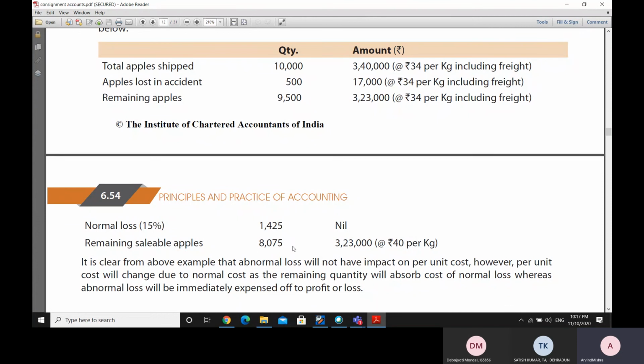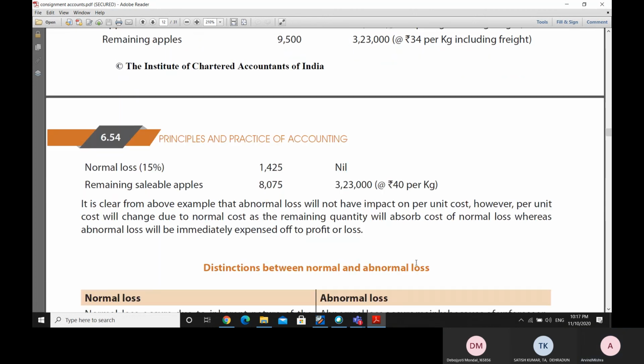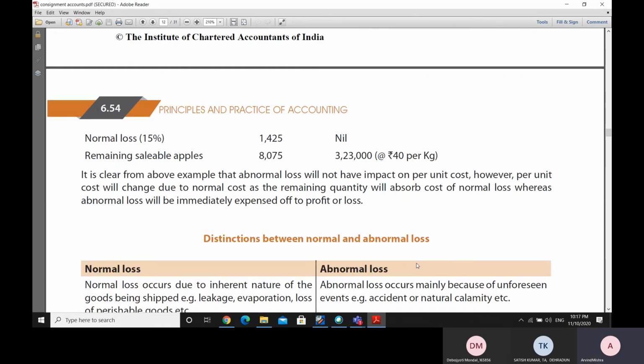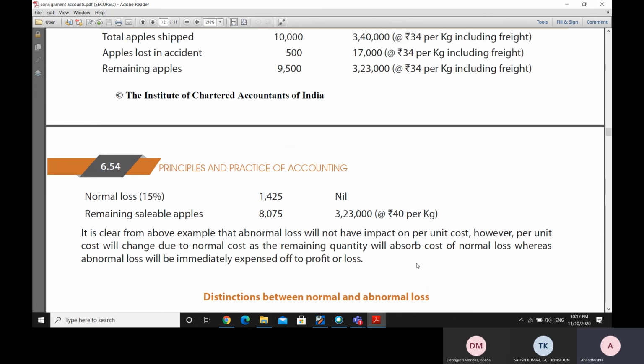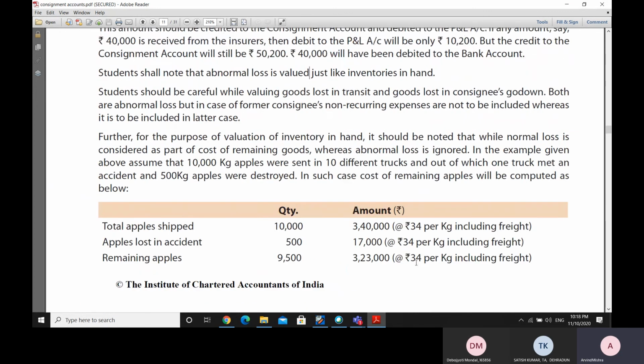But here, since fewer apples are there, the total cost remains the same, and therefore that cost will be borne by now 8,075 apples instead of 9,500 apples, and therefore the unit cost would be more after the normal loss. So that is the basic difference between normal loss and abnormal loss, and how it is to be accounted for here.